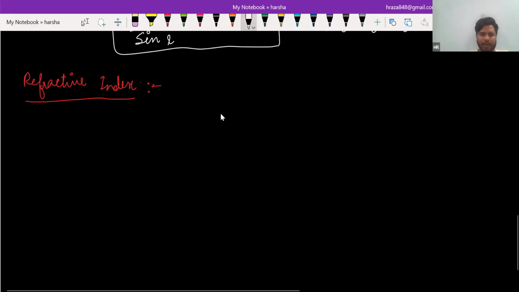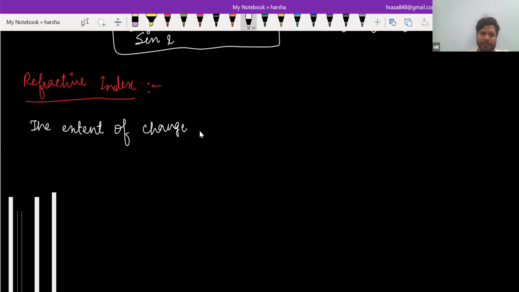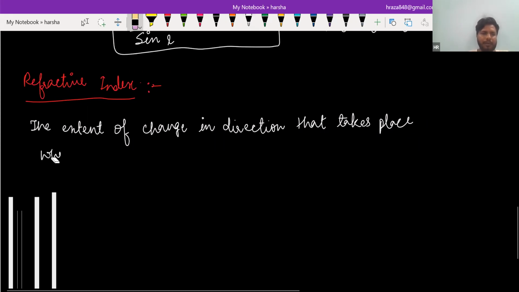The extent of refractive index is the extent of change in direction that takes place in a given pair of medium.